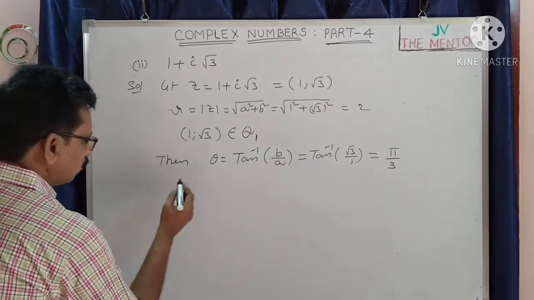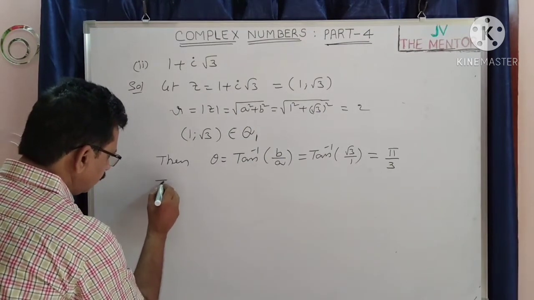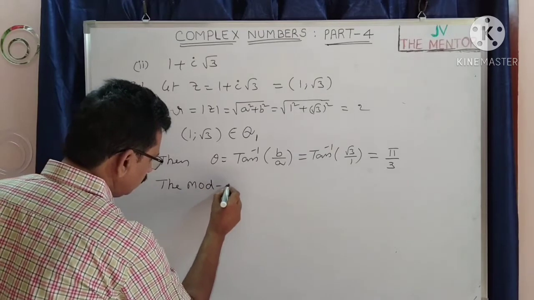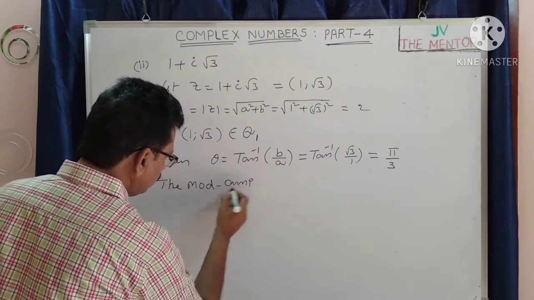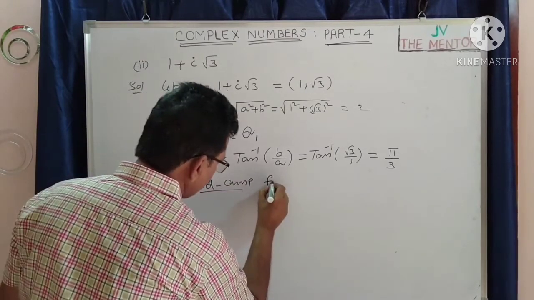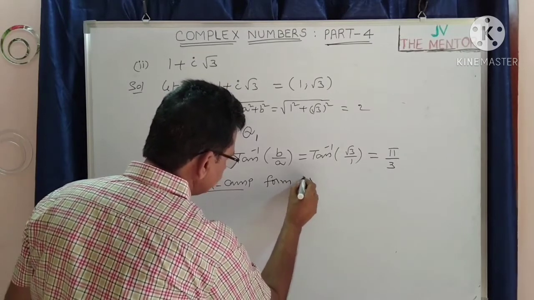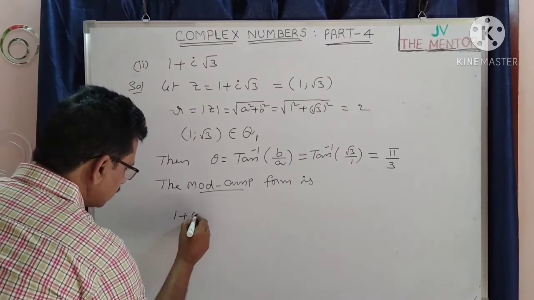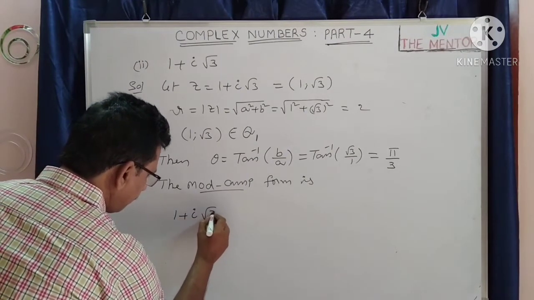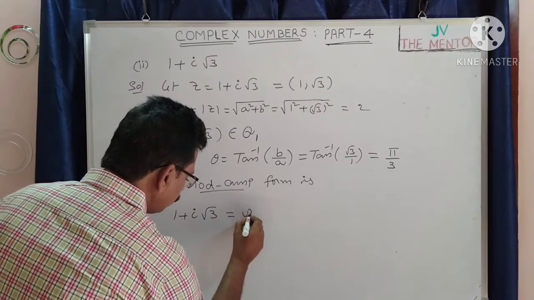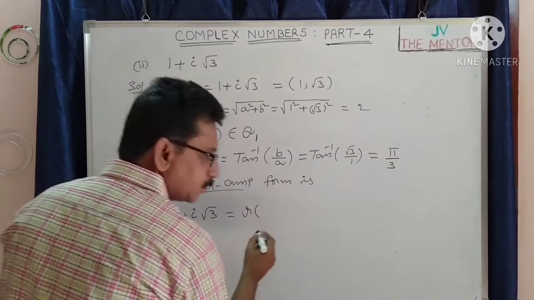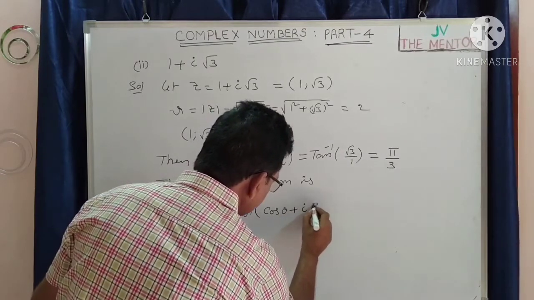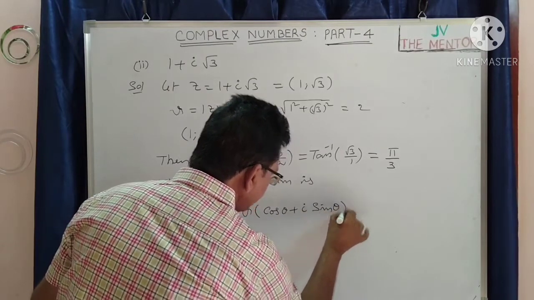Now the modulus amplitude form of 1 plus I root 3 equals R into cos theta plus I sin theta.